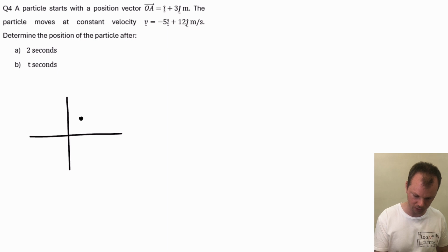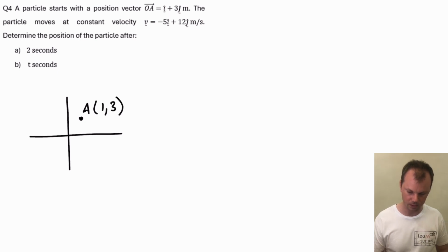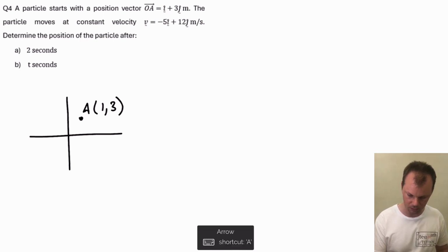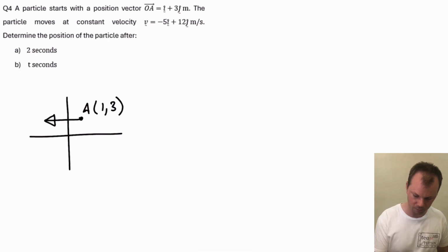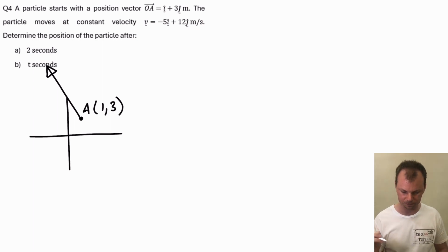So starting point here, that's going to be our point A. It's in meters. Then we've got a velocity, which we'll show as a vector, negative 5 and 12 up. So that's our velocity vector.